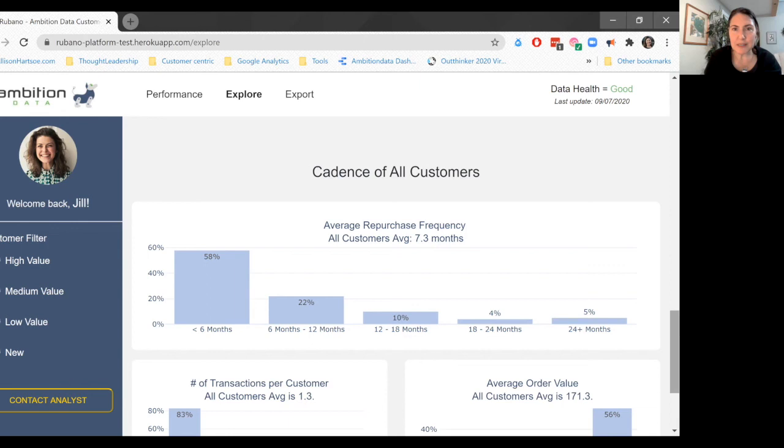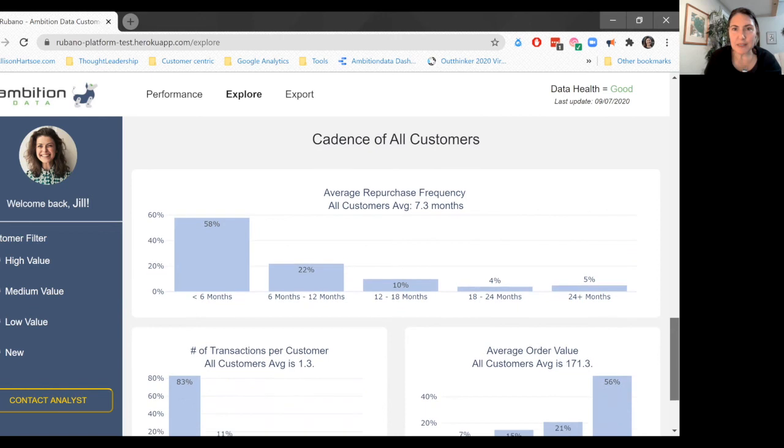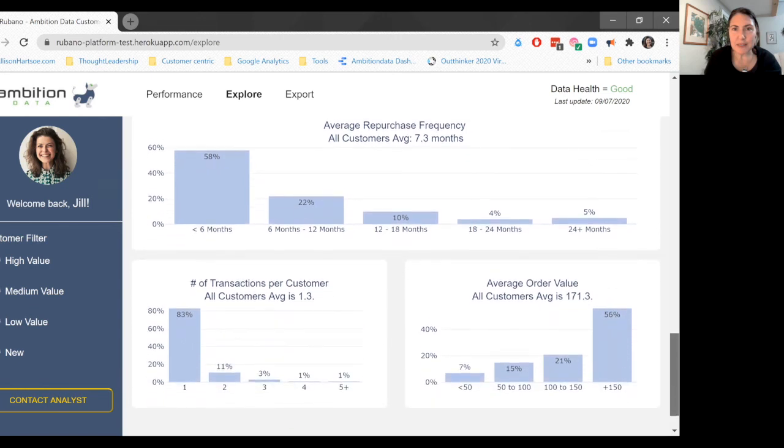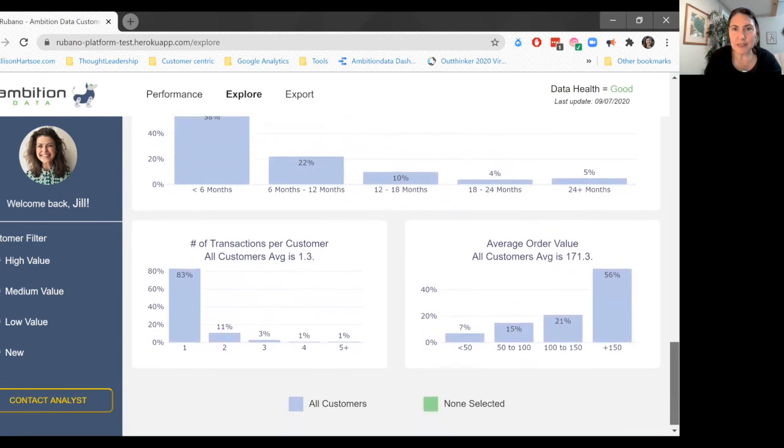And we can further break that down by the different classes to determine whether someone is on cadence or off cadence. And we can also set some benchmarks here around the average order value, which in this case is $171.30, and the average number of transactions per customers in the database, which is 1.3.